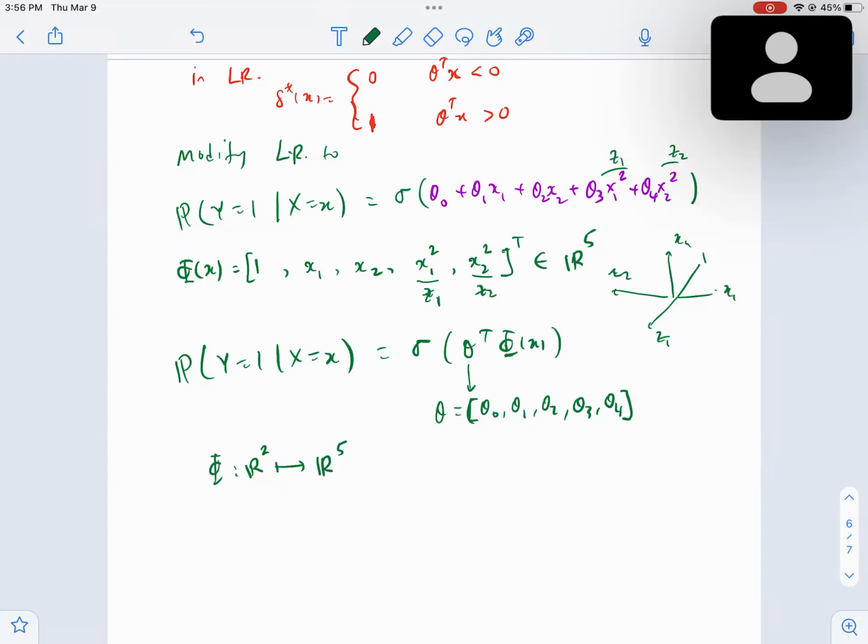When you map each of your training data points to this new space and plot them, they can be separated by a hyperplane.